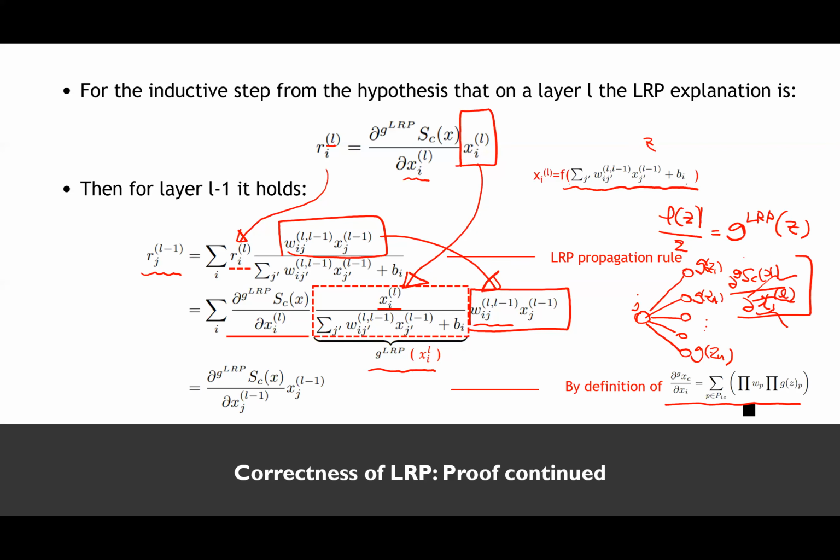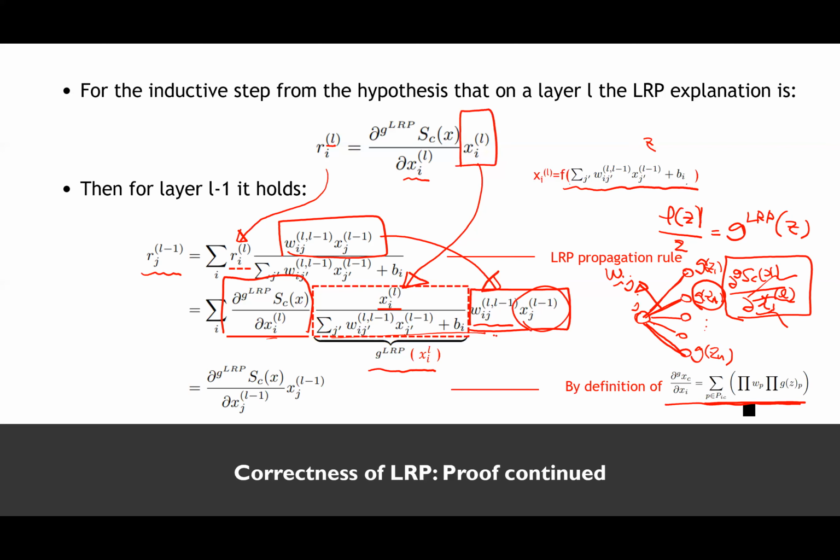So this is already computed. So here we now compute g LRP, X_i^l, and we multiply these W_ij, and then we set. So we need to sum all the possible paths from the first to the second one to the last path. And this is a summation of all the possible paths.